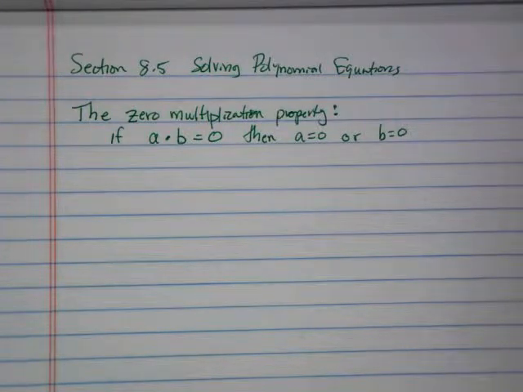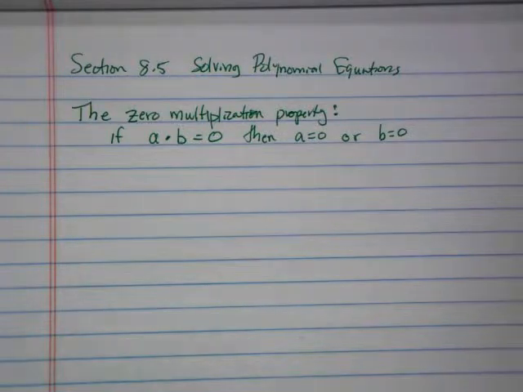All right, well, what do I mean? What's a polynomial equation? More than one number with an x, with a variable or something. Okay, so it's a polynomial. And it's got to be an equation, so it's got to have an equal sign.